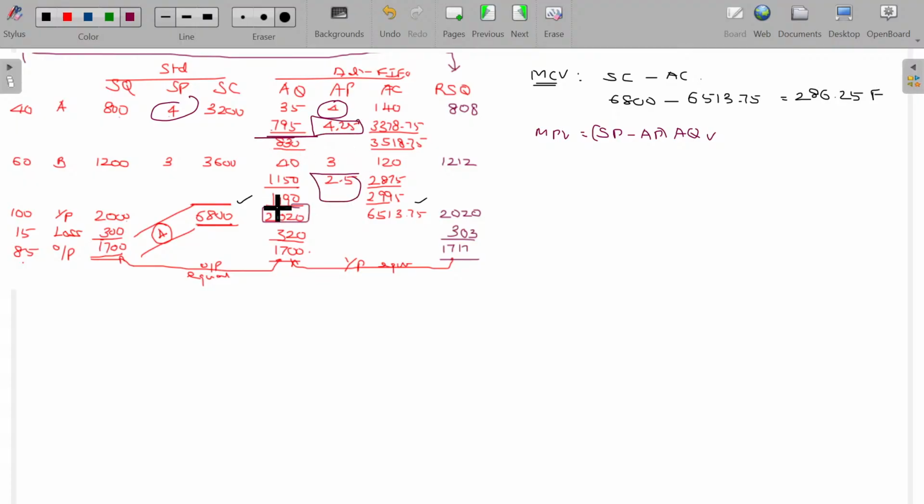Okay, 795 and 1150 can be taken here. So for A, standard price being 4 and actual price being 4.25. Number of units for which the payment is 4.25 rather than 4 being 795. Come on, 0.25 into 795. If you multiply, what's the value you're getting?